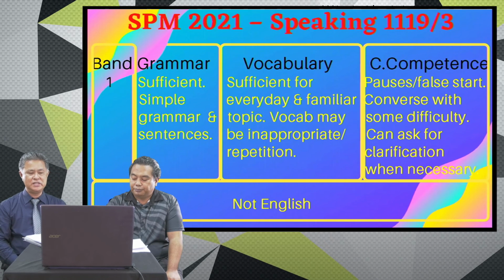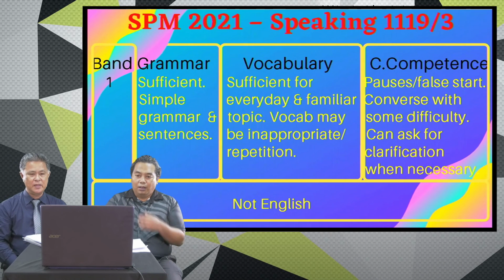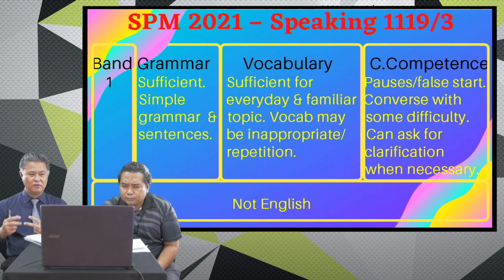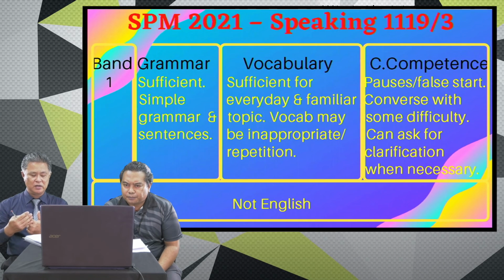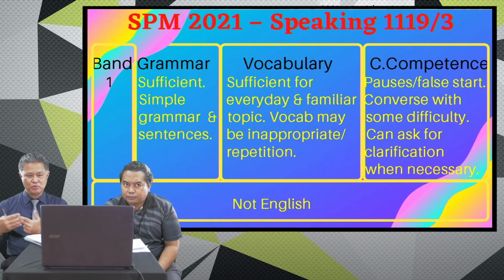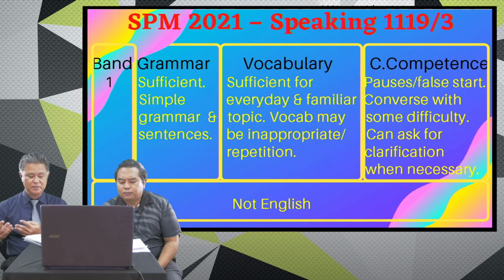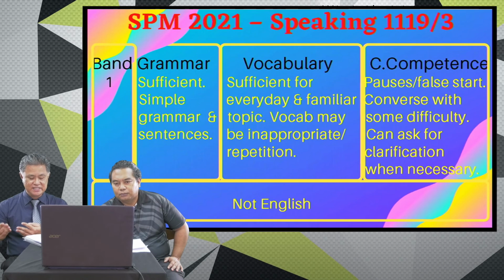Band 1 students, in terms of their grammar, vocabulary and cognitive competence. Based on PT3 2019, we believe band 1 students can produce sufficient grammar, using simple grammar and simple sentences.